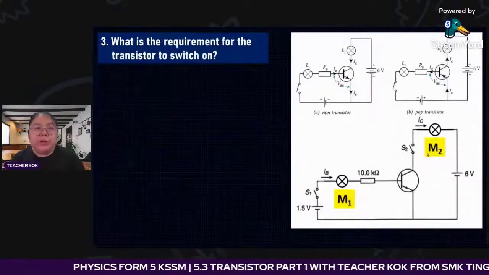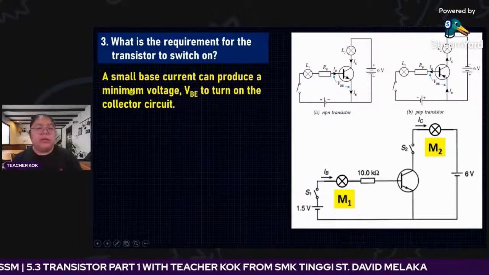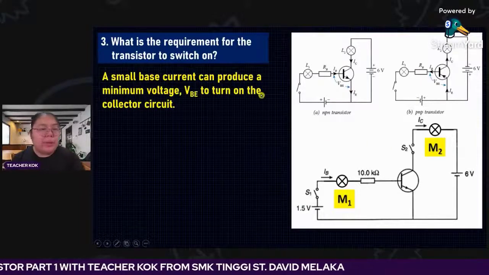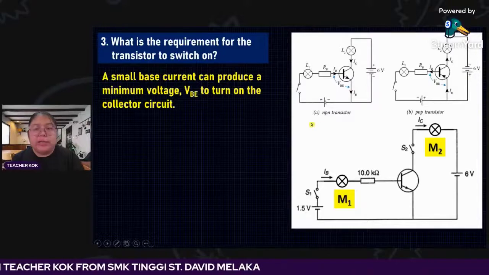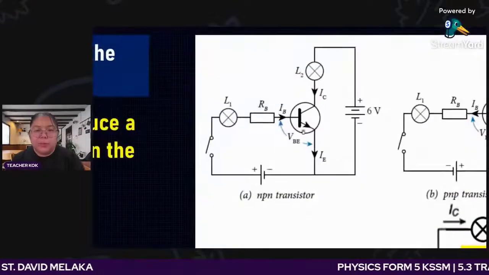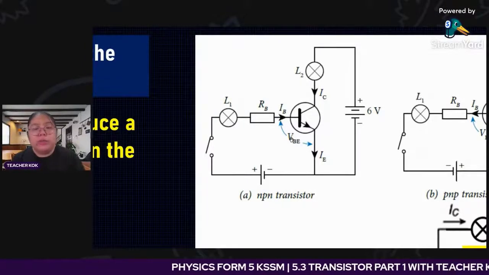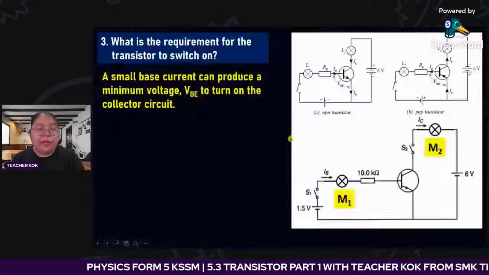So what is the requirement for the transistor to switch on? The requirement is that a small base current must produce a minimum voltage, the VBE. Let me zoom in for you. Where is VBE? You only use a small current, and that is enough.